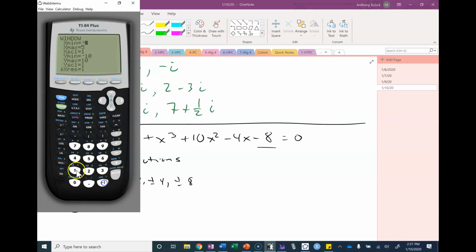I'll graph that from negative 10 to positive 10 because that's a little bit smaller than my smallest and a little bit bigger than my biggest solution from my list there.